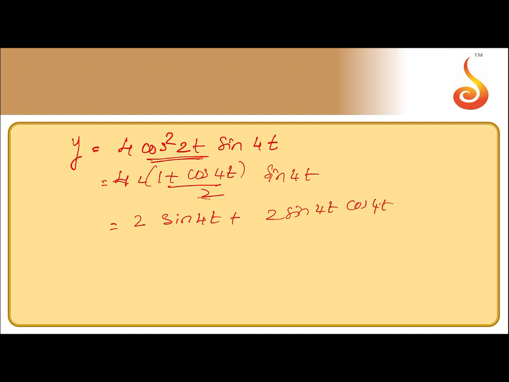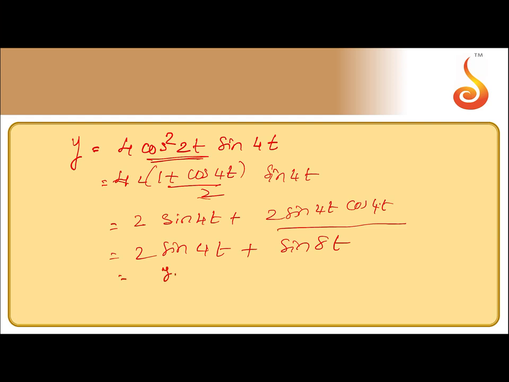So 2 sin 4t plus, if I simplify it further, this becomes sine 8t. Is that correct? You can check it for yourself. So if I expand sine 8t, I'll get 2 sine 4t cos 4t. So how many parts are there?